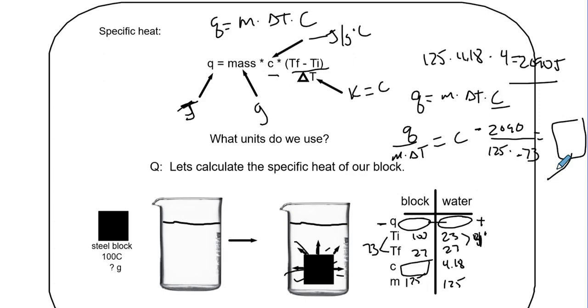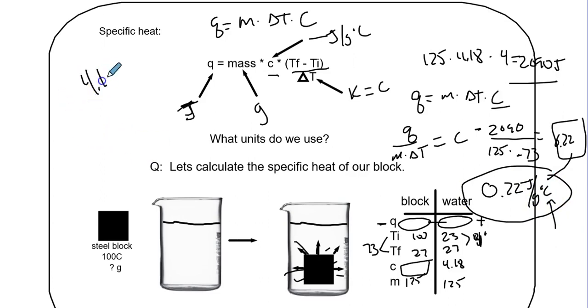0.22. All right, that's 0.22 joules per gram per degree Celsius. You could see Kelvin here, that's really no big deal. So water has a specific heat of 4.18, and this particular metal is about 0.22 joules per gram degree Celsius.